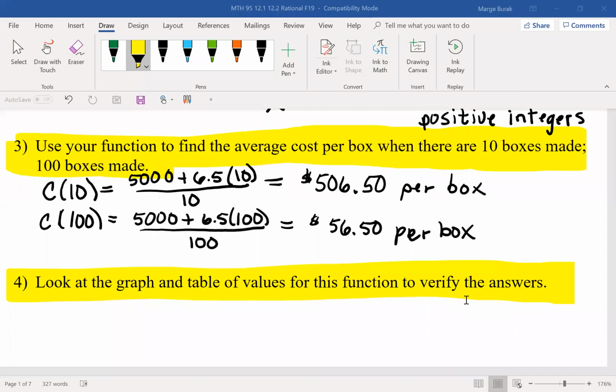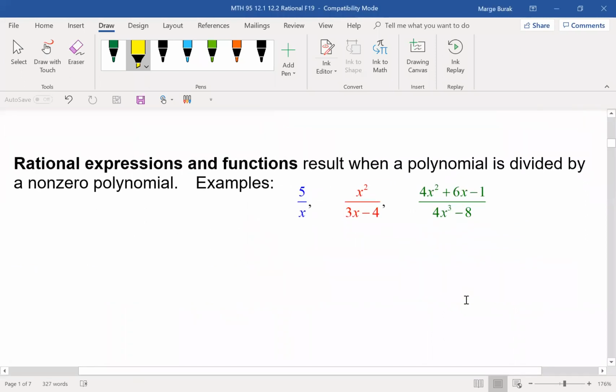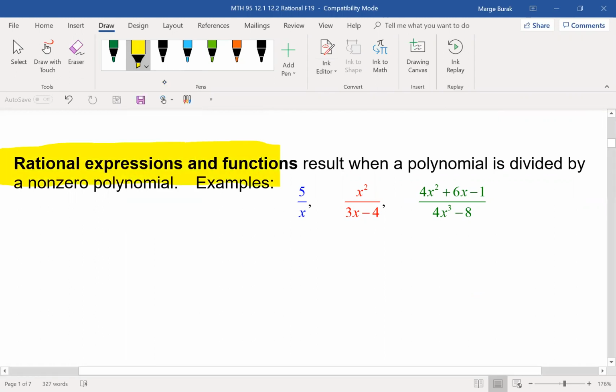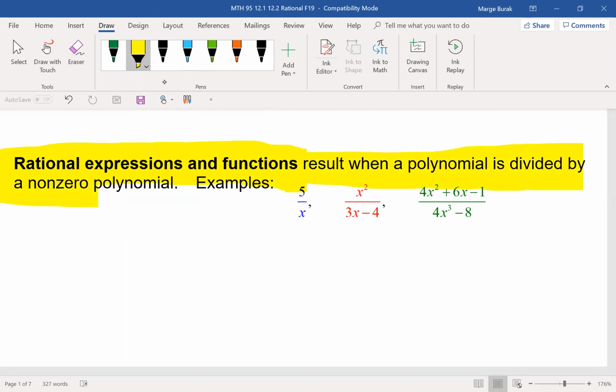Rational expressions and functions result when a polynomial is divided by a non-zero polynomial, because we can't divide by zero.